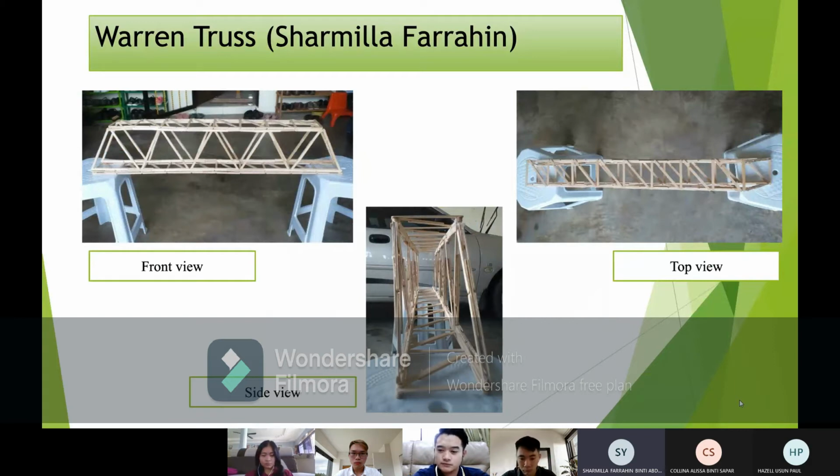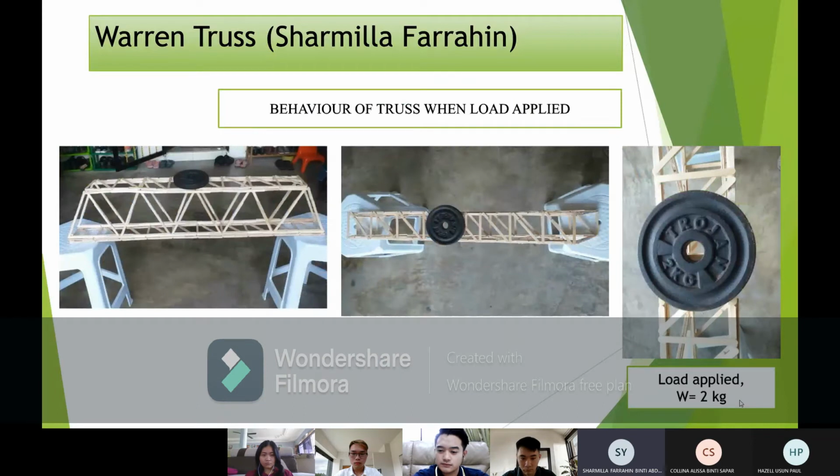As for the behavior of the truss when load is applied, my bridge can only take a load equal to 2 kilograms. So that's all from me.